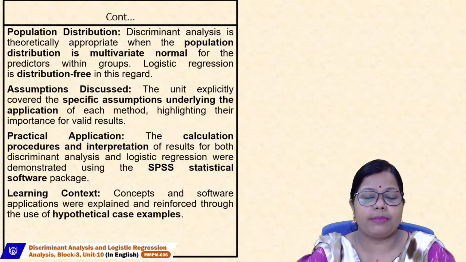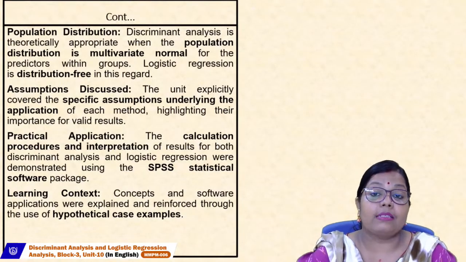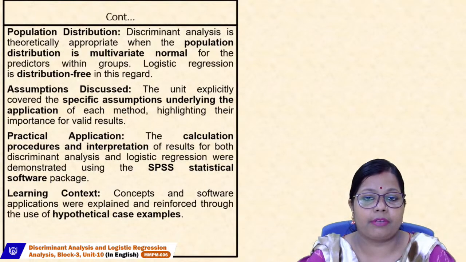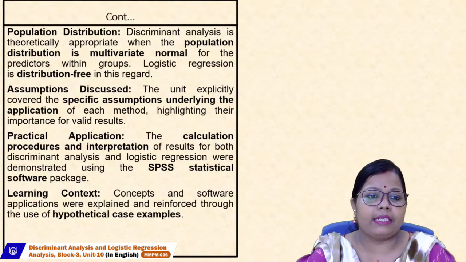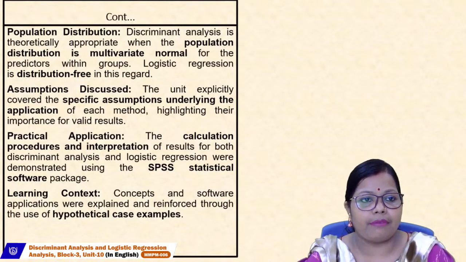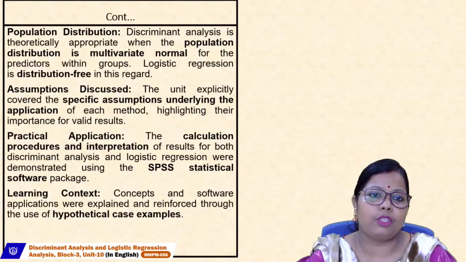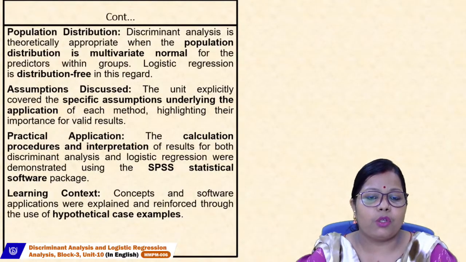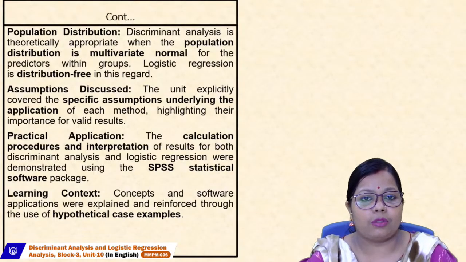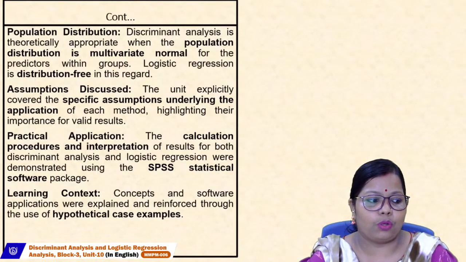Depending on the situations, depending on the distribution and the probability assessment of the result or the set of independent variables actually included in these two, we have to take the decision which one is applicable or which will be the best tool or technique to conclude our research or to interpret our result to reach our goal.